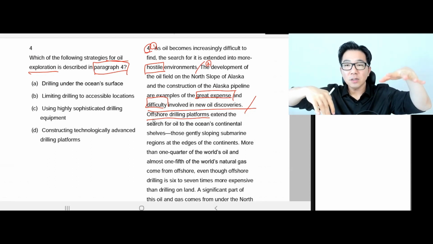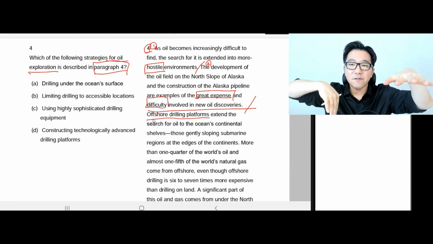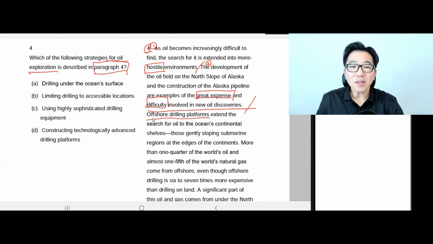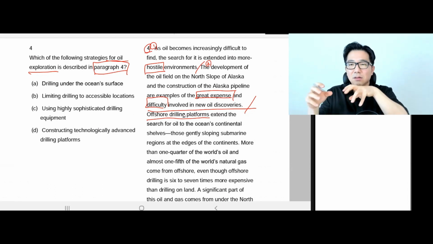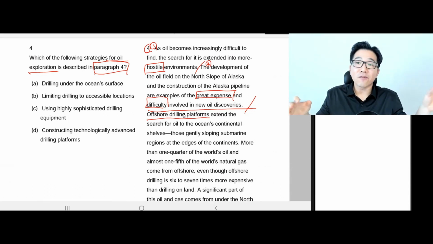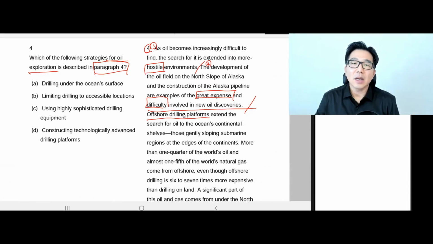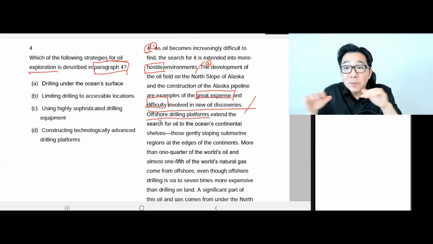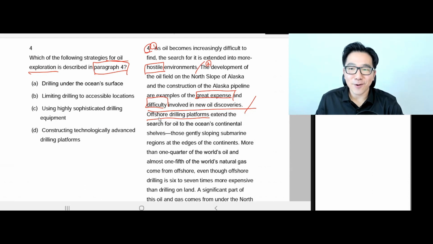So under the sea, right? Drilling platforms may be not far away from the shore. It depends. Some offshore platforms will be very, very far away from the shore, and some may be a little bit far away. Anyway, under the ocean.